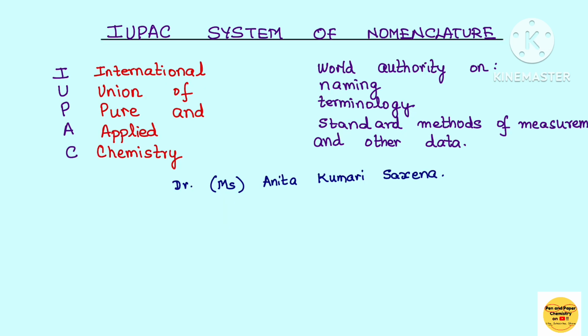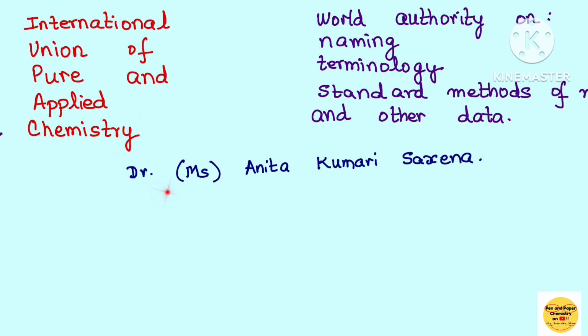Let us look at the name over here. Dr. Miss Anita Kumari Saxena. Now, this is just a random name that I have taken, but this name tells me a lot of things about the person. First of all, the person is a doctor. Miss means it's a female.